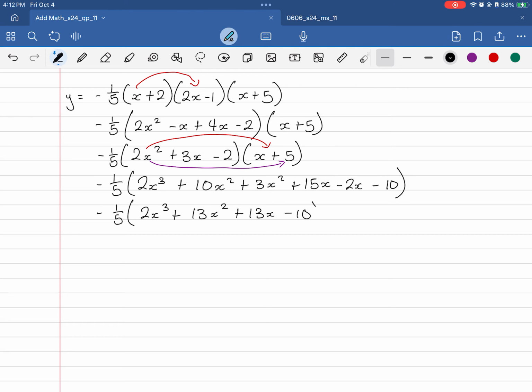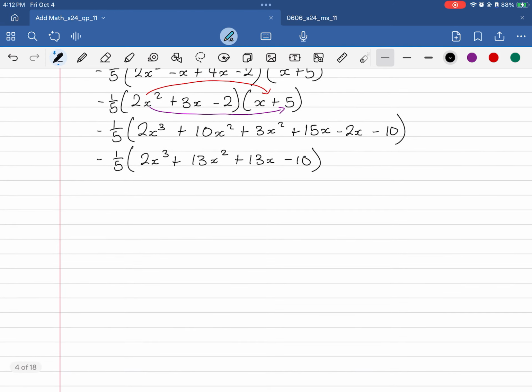Now you can multiply out the fraction to open up the whole bracket. So you would have minus 2 over 5 x cubed minus 13 over 5 x squared minus 13 over 5x, plus 10 over 5 is 2, so plus 2.